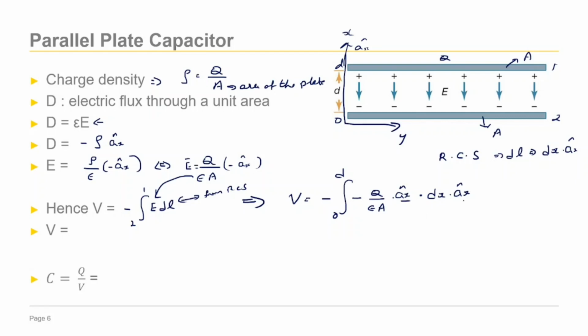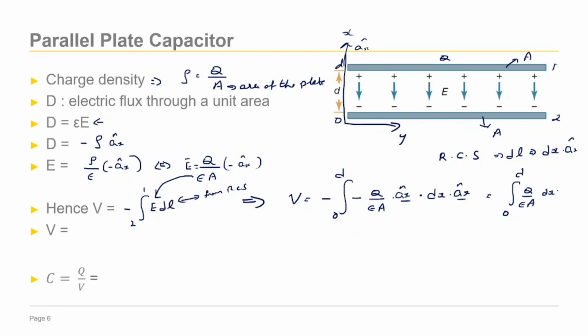Now ax times ax is going to be 1, because they are both unit vectors, and there are two negatives, so our expression is going to look like integral from 0 to D of Q by epsilon A times dx.